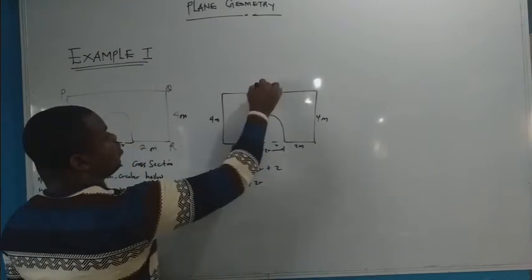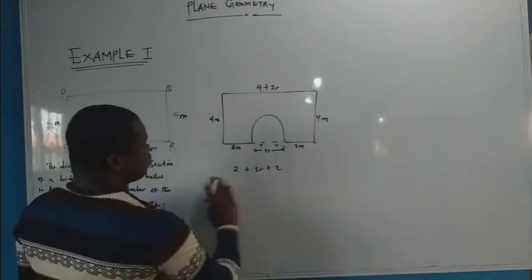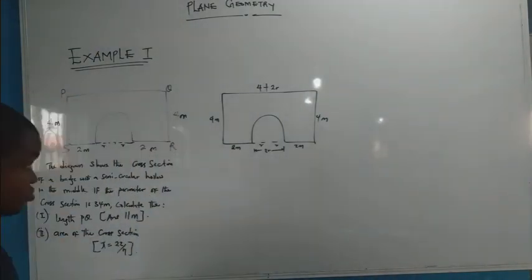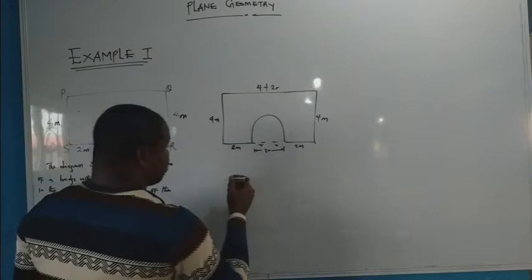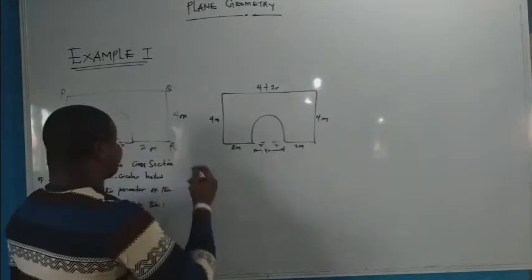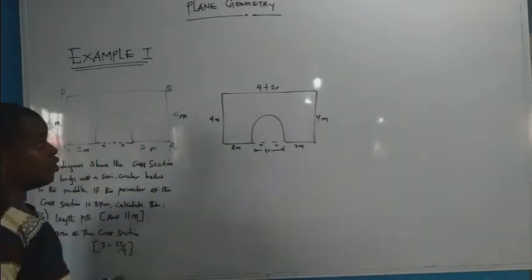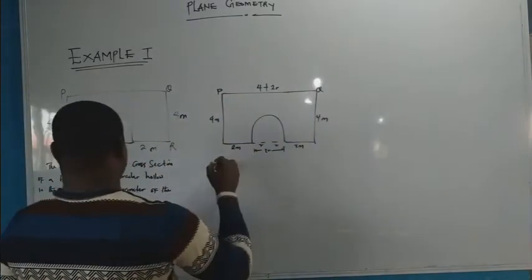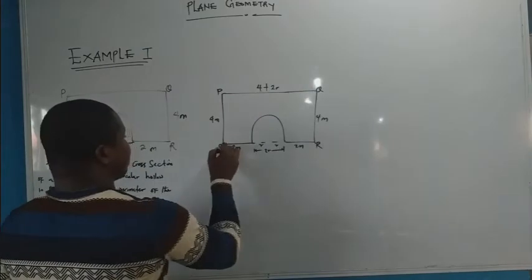So you're going to have 4 plus 2r. Alright, so what do we do from here now? We have to look for the value of r to get the length of PQ. So how do we get the value of r?